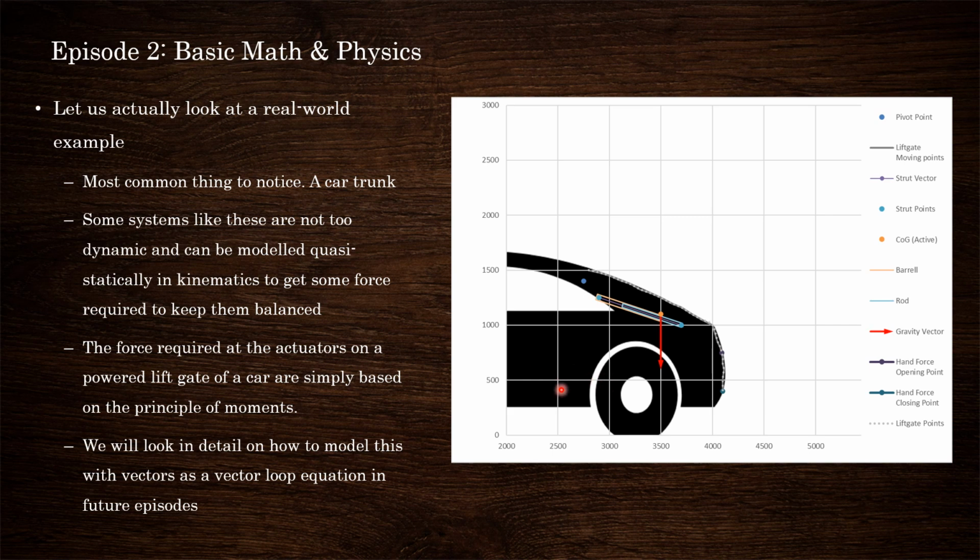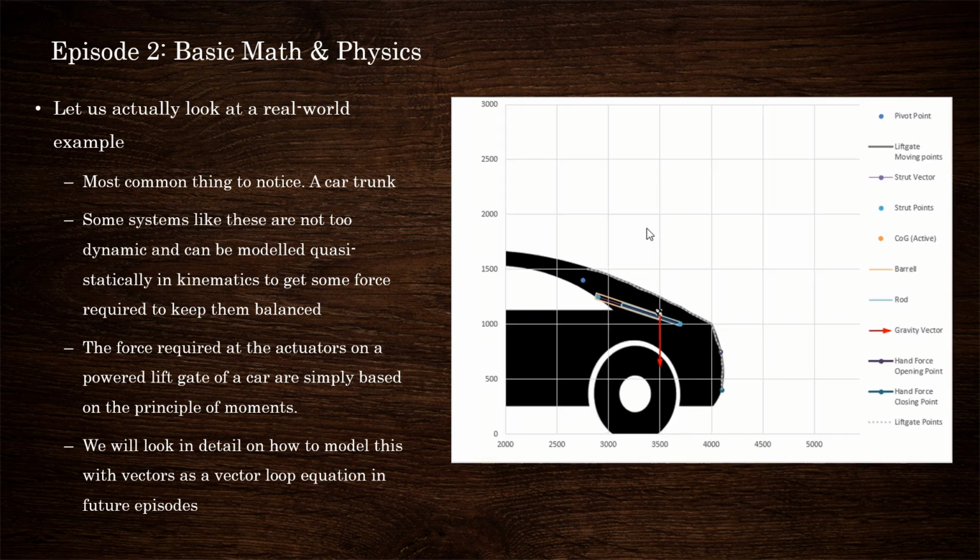So to give you an idea, let's see. If that's the center of gravity and that's the gravity vector, what it means is that if I were to, let's say, open this, and I'm just plotting the external surface here in the 2D view to say what happens, and if you were to open this, what are all the forces?